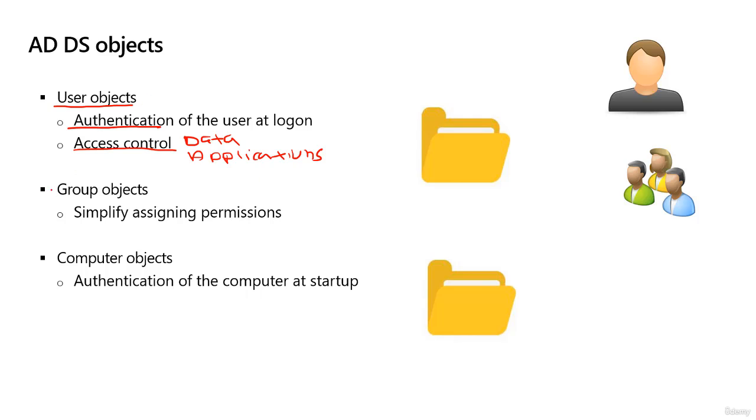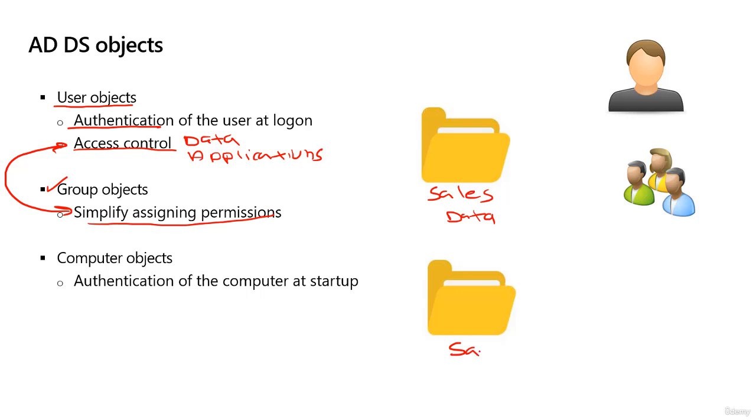If we move on to groups for a moment, groups simplify assigning permissions. So these two things truly go together: access control and simplifying assigning permissions. Let's say I have this folder and it is sales data.